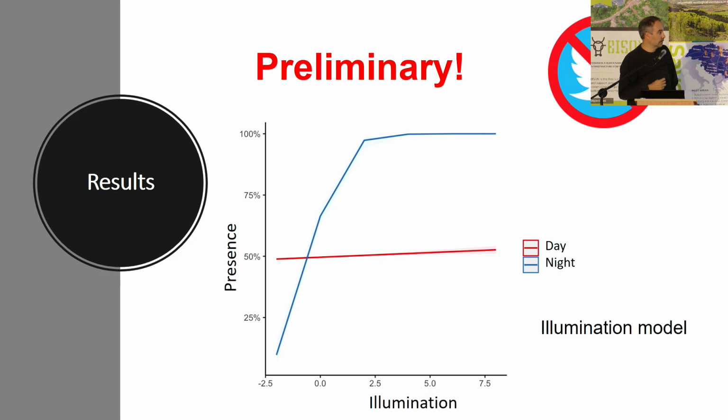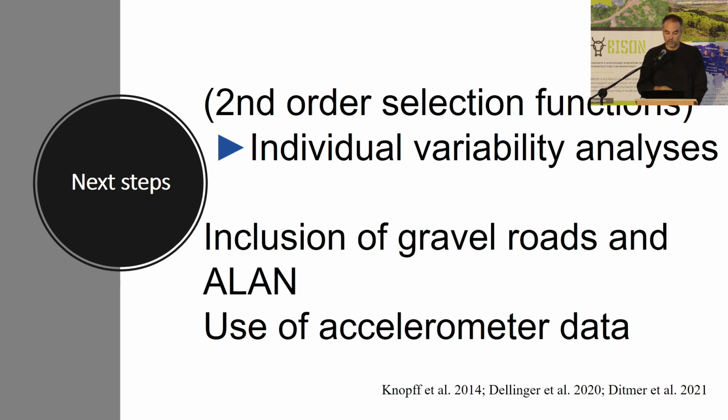And this is a very interesting result, because differentiating between day locations, the red line, and night locations, the blue one, we found that illumination does not affect the probability of presence of pumas during the day, but increases this probability during the nighttime.